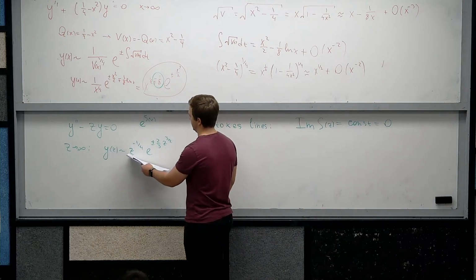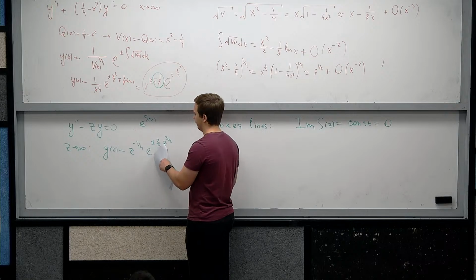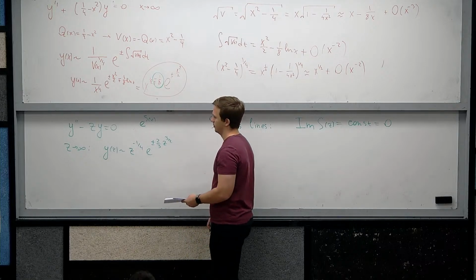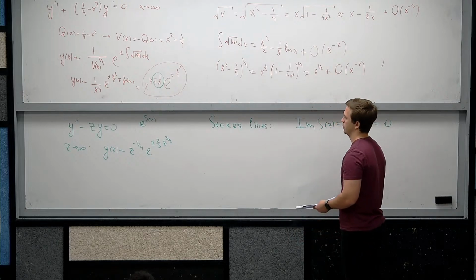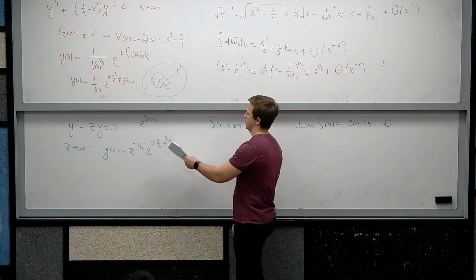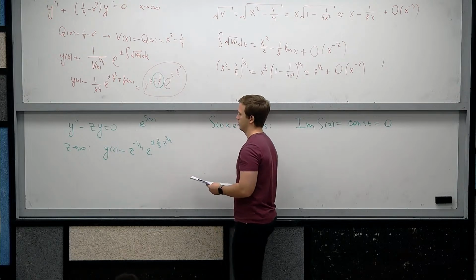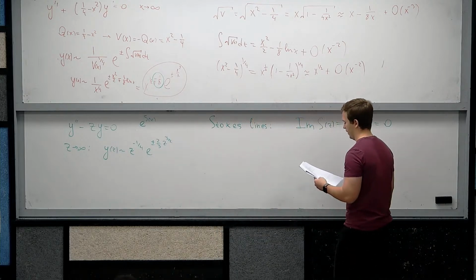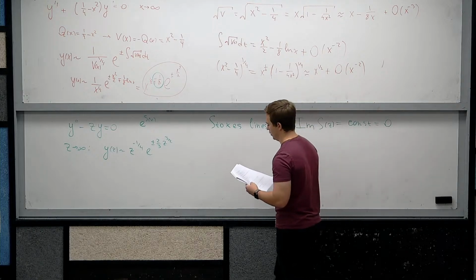So if the imaginary part of z is 0, then you have just the usual real solution with one term that exponentially grows and the other exponentially decays.